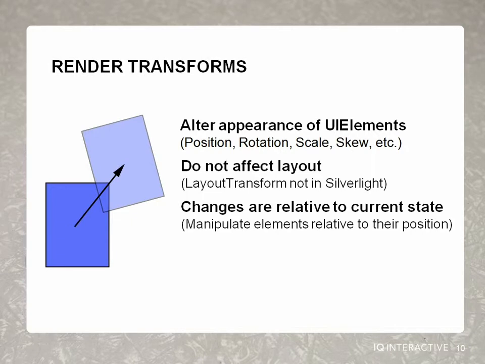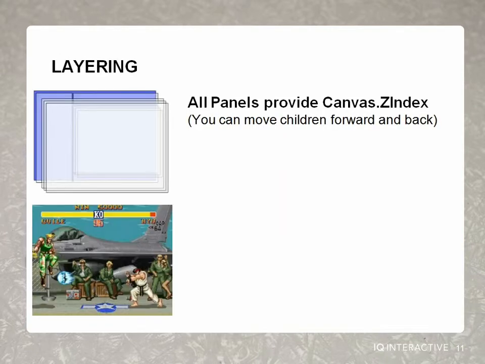But if you then physically alter the width and height of your UI element to be 200, that render transform is on top of what its actual dimensions are. So now that it's 200, it's 200 times 1.5. So now you're at 300. So these render transforms are after the layout. So it's always a relative change based on where it really is.